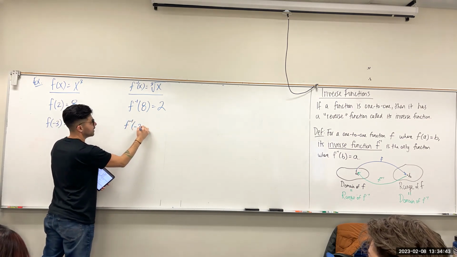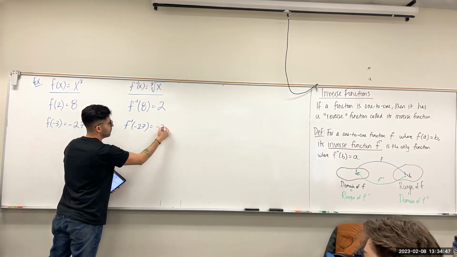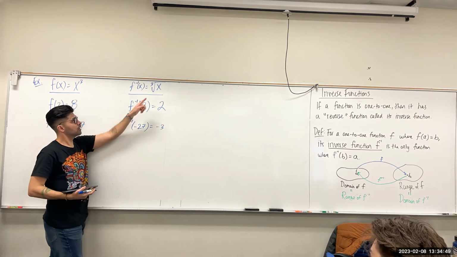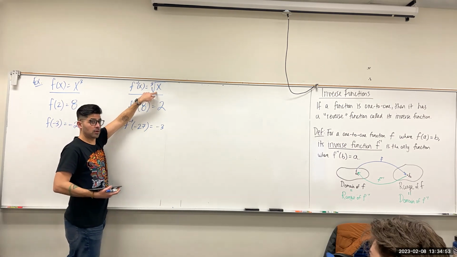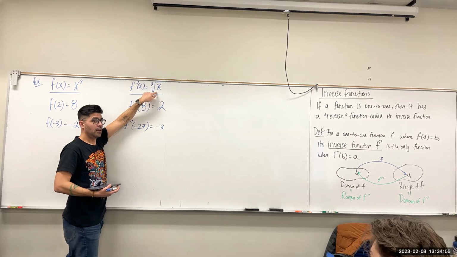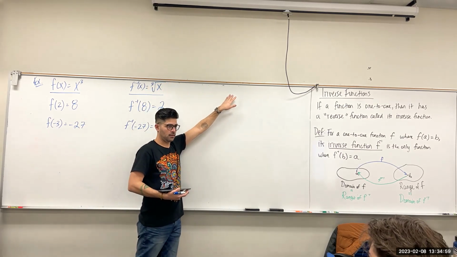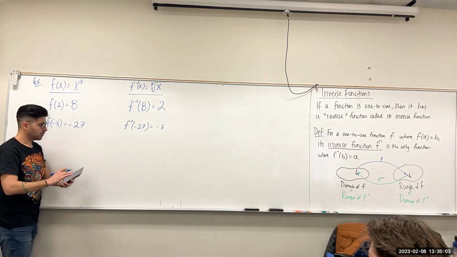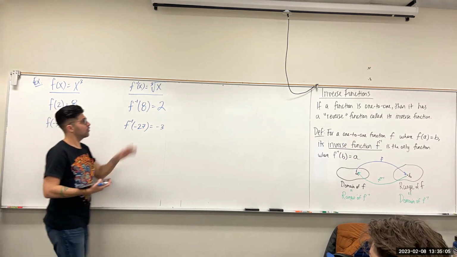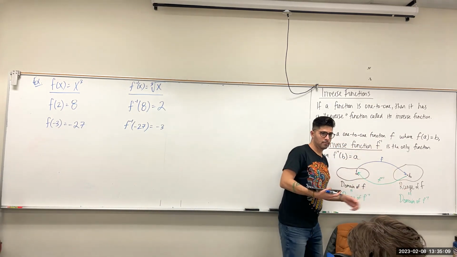So here, if I plug in -27, I better get -3. And is that true? If I cube root -27? Is it okay to cube root a negative? Yes. It is okay to cube root a negative, but not to square root a negative. Okay. So here's just some examples to kind of show you algebraically and numerically that this is happening.